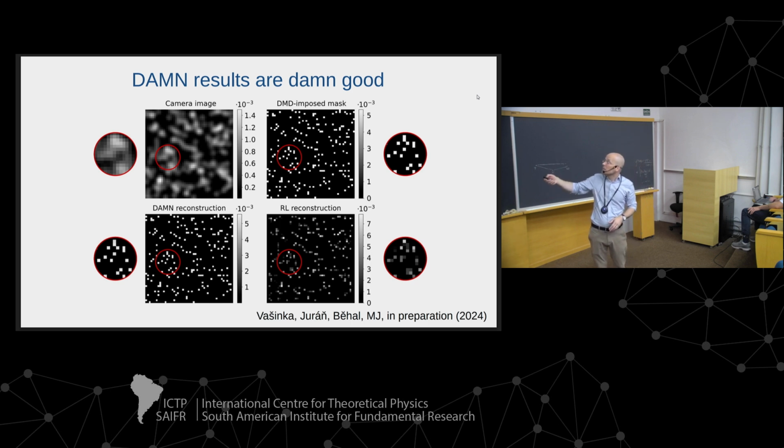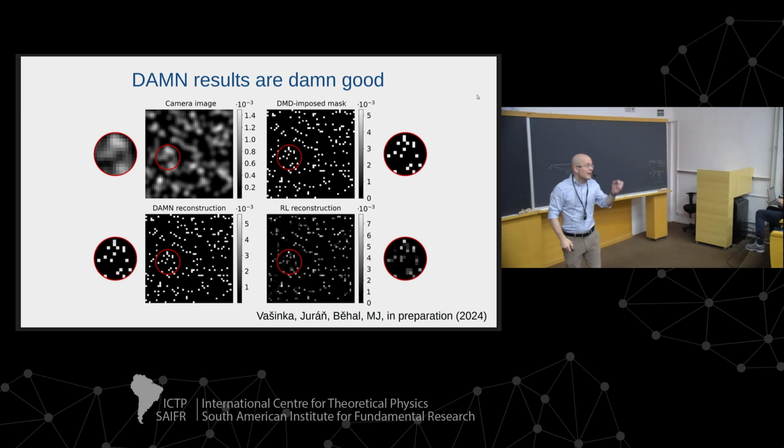And this is the reconstruction. This is the output of the network. And you can see that it's more or less the same. Here is the state-of-the-art statistical method, the Richardson-Lucy algorithm, for reconstructing under-resolved images.